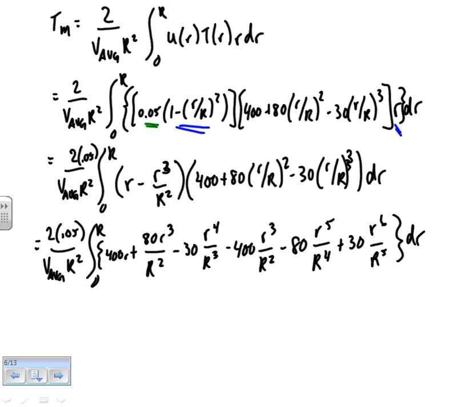Okay, the integral of all that. Well, now it's pretty easy. Now I just know how to integrate this.